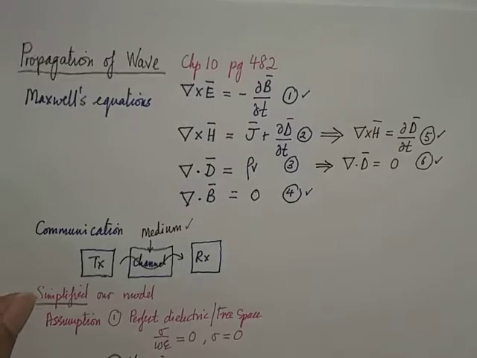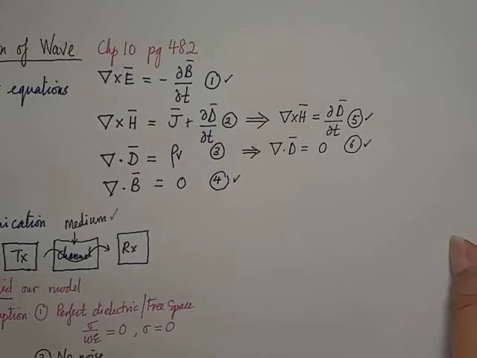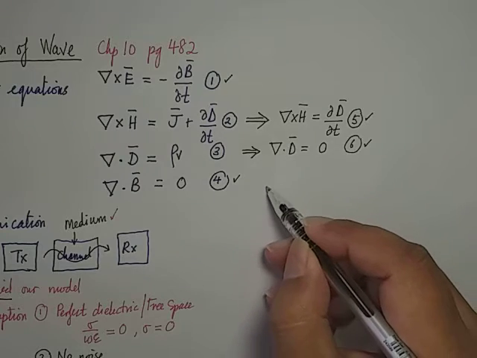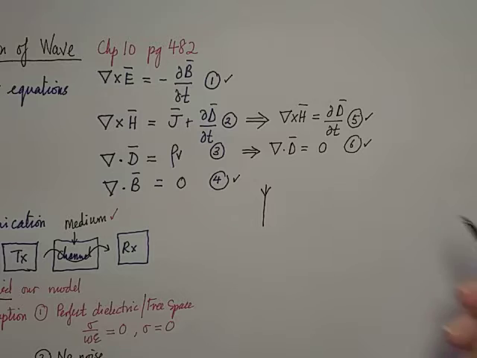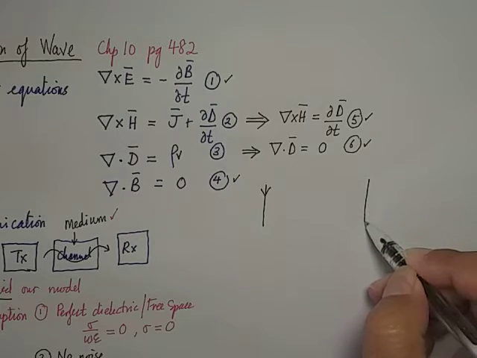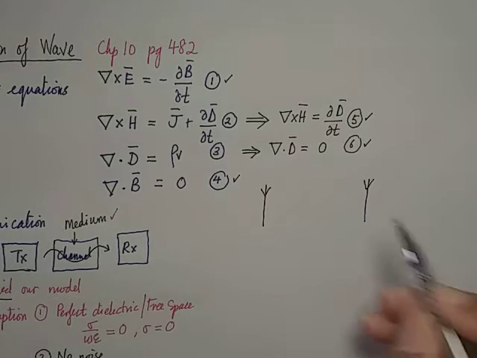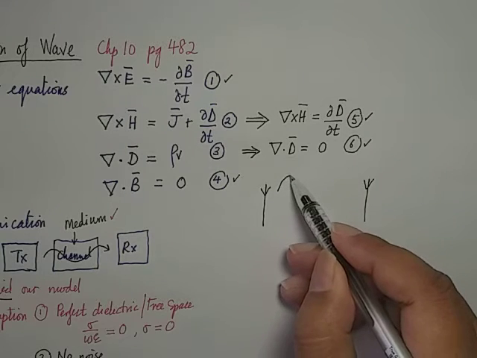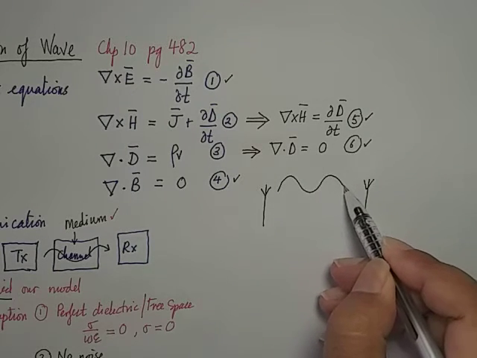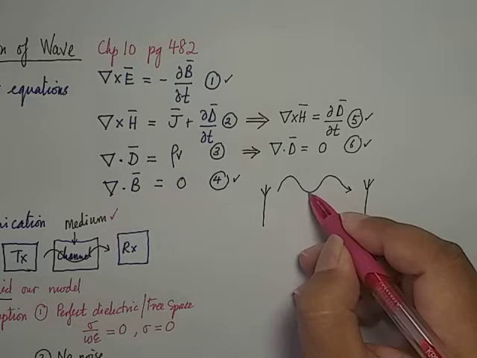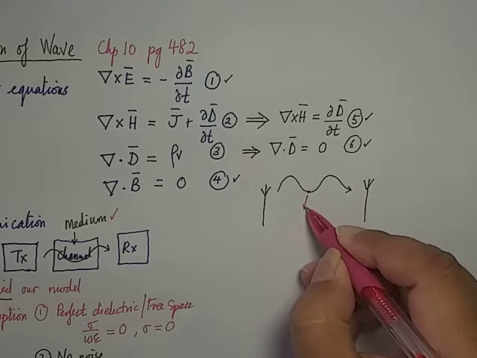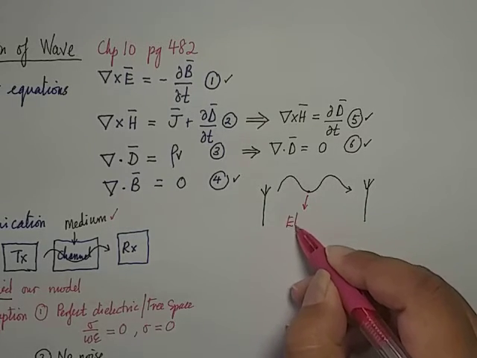So now, we are saying, okay, this is our transmitter. I'm going to put a nice antenna here, and this is our receiver. So now we're going to model this wave, and we can't see this wave yet, we assume it to be there, and this wave is known as an electromagnetic wave, correct?